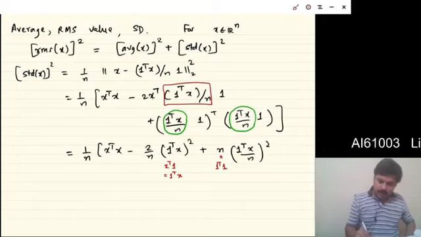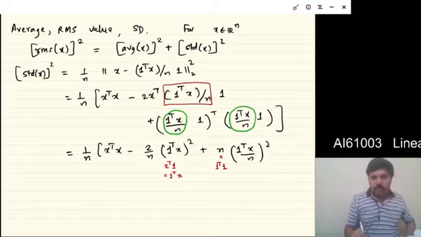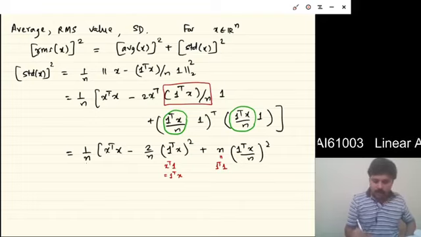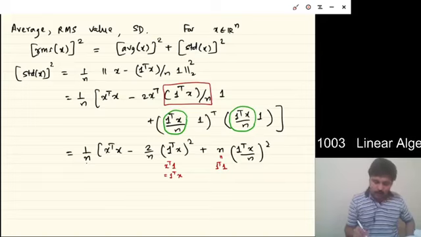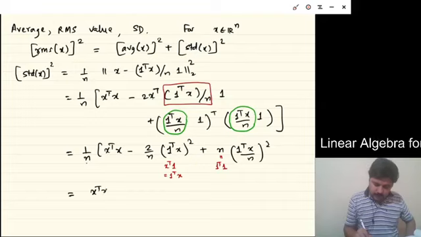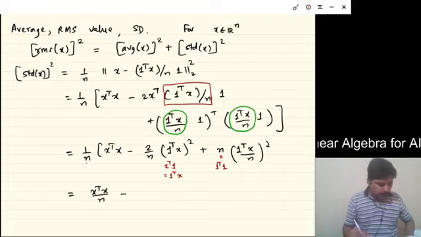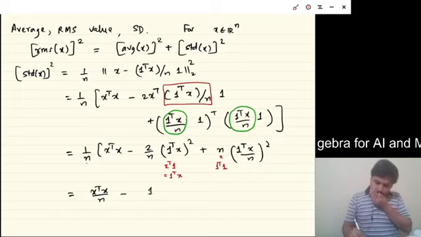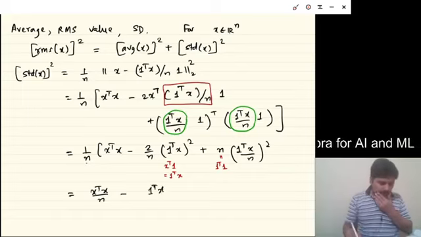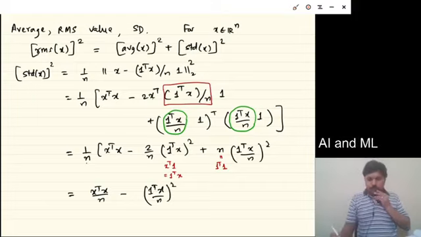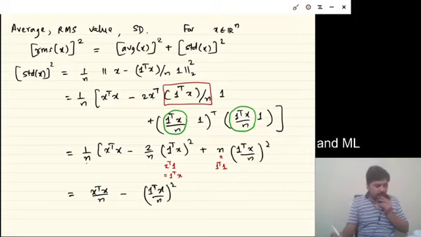So this term, the way I adjust, the 1 by n gets multiplied to this minus 2 by n. So if I simplify, I hope you will agree with me that I'll get x transpose x divided by n minus 1 transpose x divided by n whole square. So that's what I'll get.